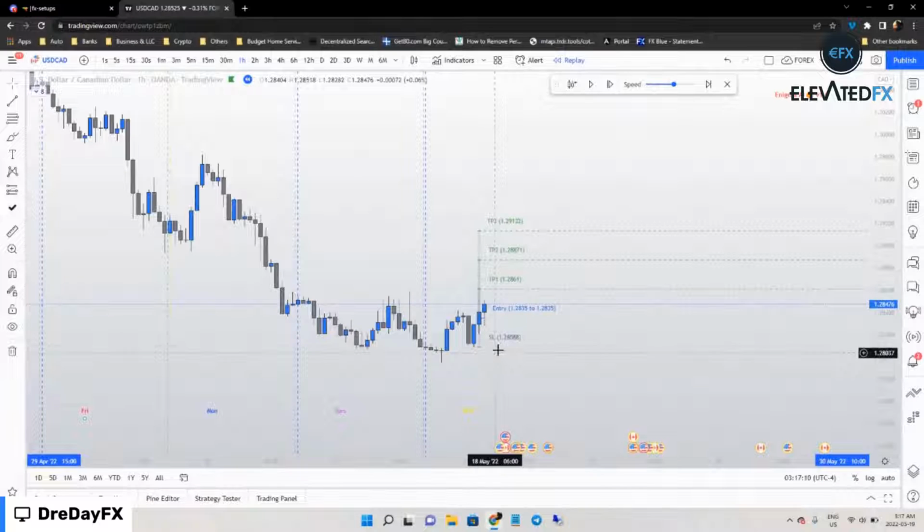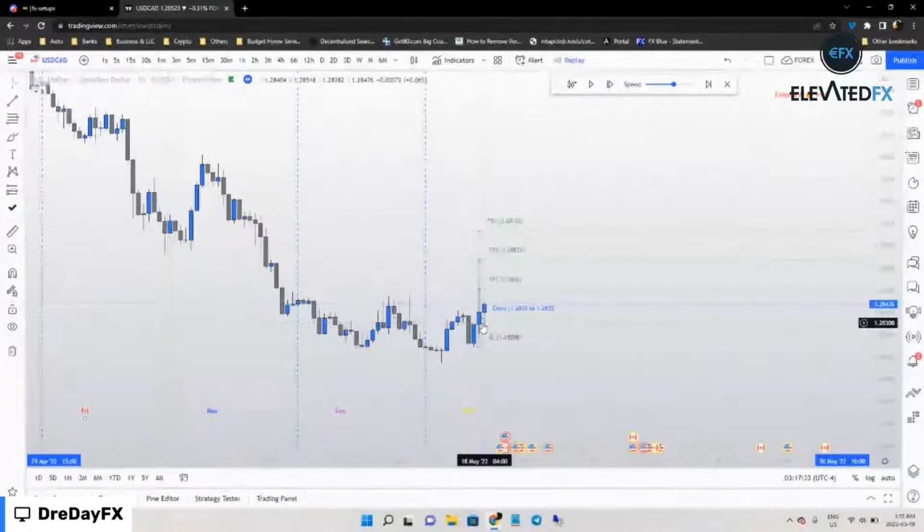Even though you have the stop loss here, you have the option to put it there, or me personally, I put my stop loss at the previous wick. It could be the entry, the start of the candle, or the previous wick if there's a wick.